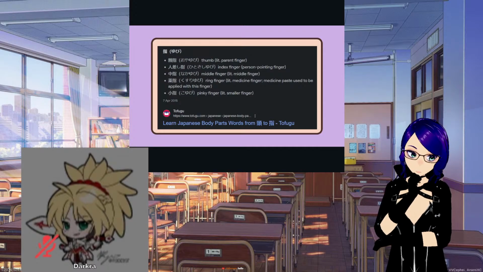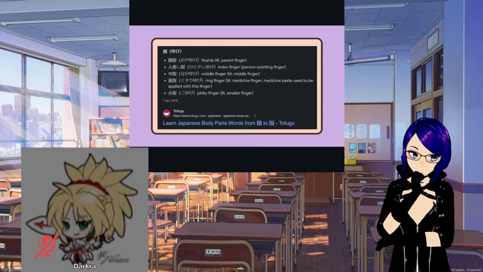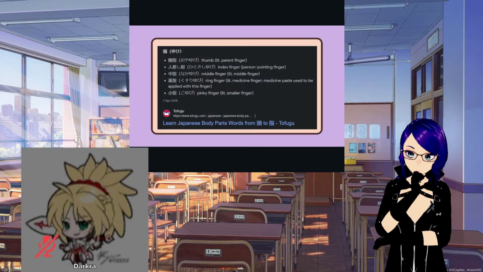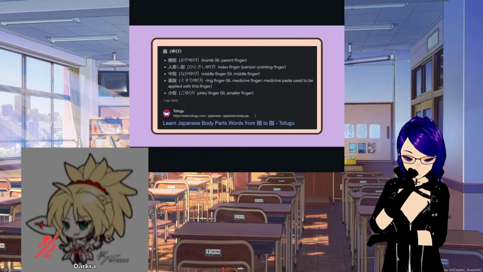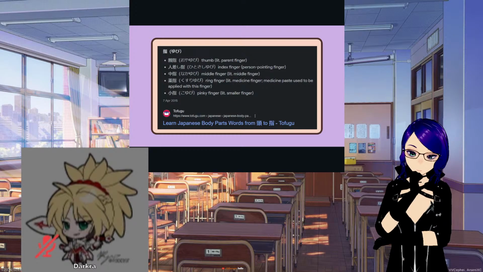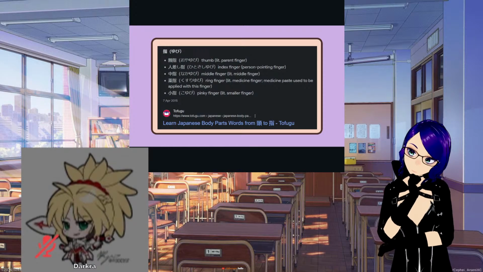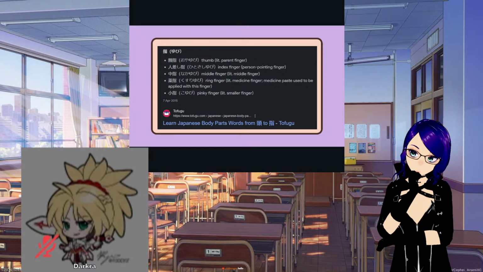So kusuri yubi, this one is the ring finger actually. So it's a very cultural different thing. And then the last one over here, because this is the smallest finger, excluding the thumb in our hand. So this is the smallest finger, and it's small. So this character could be read several ways, but in this case, it's ko as in kodomo, as in children. So it's ko yubi.